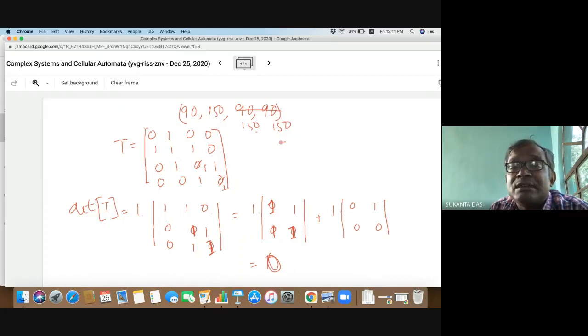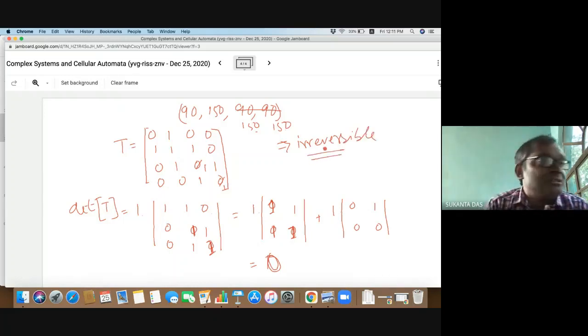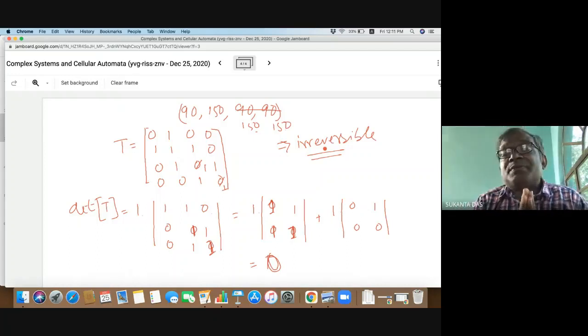So this CA is irreversible. So it's a way of deciding whether a linear finite CA is reversible or not.